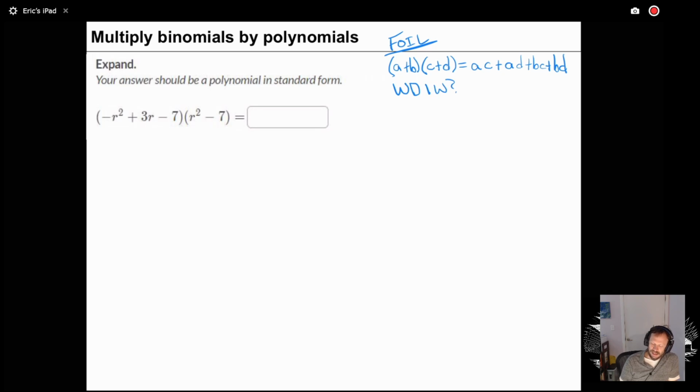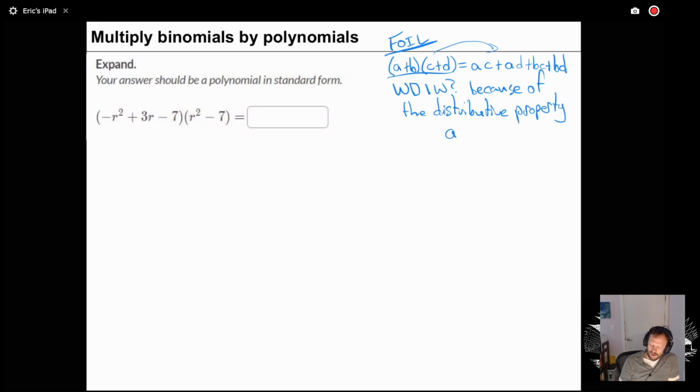Why do I get to do that? Why can I just go from there to there? We're going to see that it's true because of the distributive property. And the distributive property does not tell us directly how to deal with this situation.